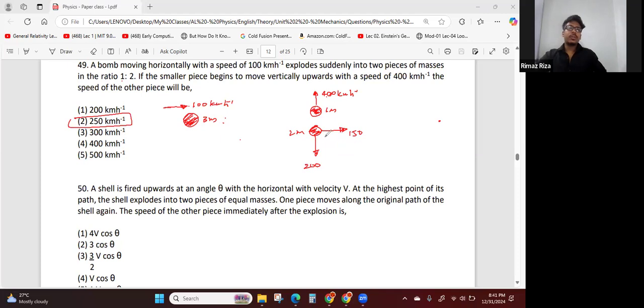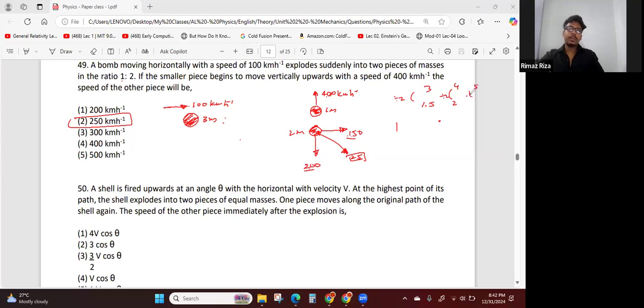Now again, you don't need to do the calculation for Pythagoras theorem. This is a Pythagoras triplet: 15, 20, so this one will be 25. Or else, considering 1.5 and 2, then this will be 2.5, because 1.5 is 3 divided by 2 and 2 is 4 divided by 2.